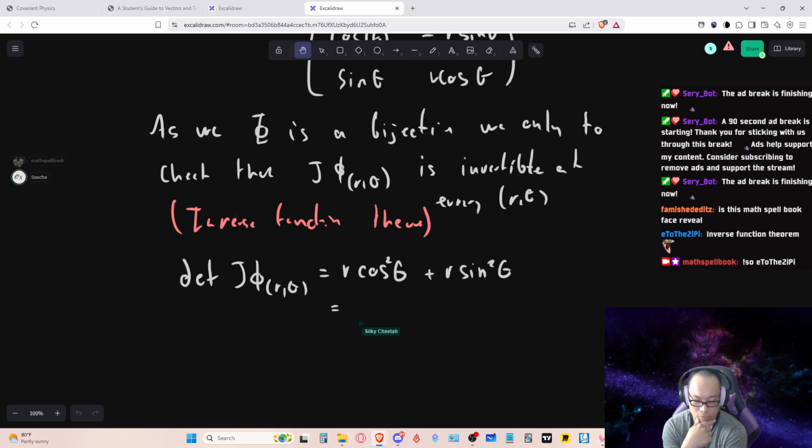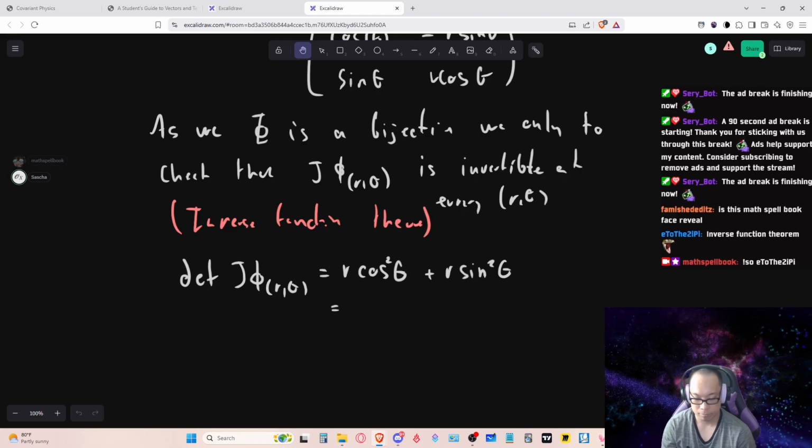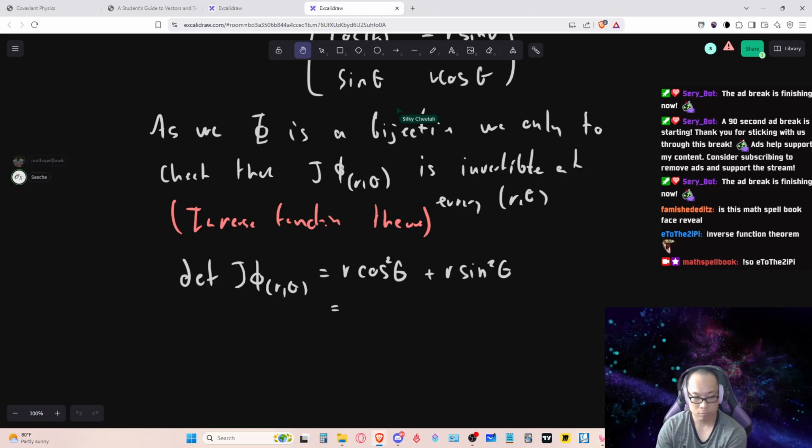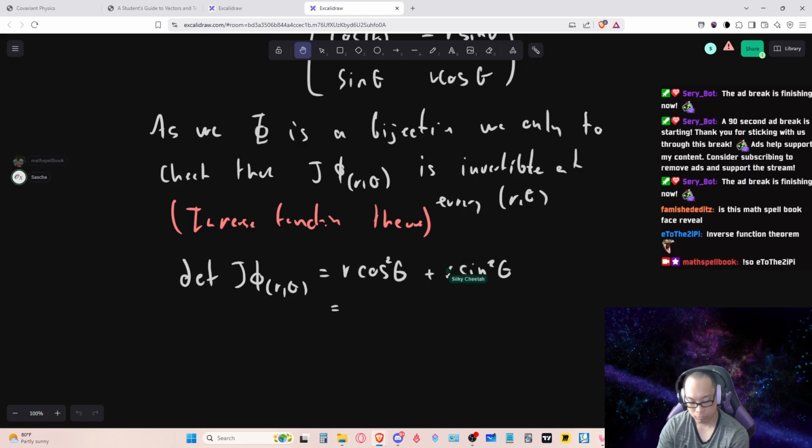Because there is a very powerful theorem in linear algebra that if a matrix's determinant is not 0, then it's invertible. So if I compute the determinant of my Jacobian and find it's never 0 for every r and theta, I know that the Jacobian is always invertible.